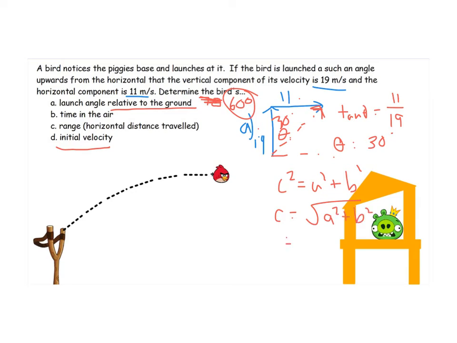So the square root of 11 squared plus 19 squared is 21.9, or I guess 22. So 22 meters per second, and then we have that angle from A, 60 degrees above the horizontal.